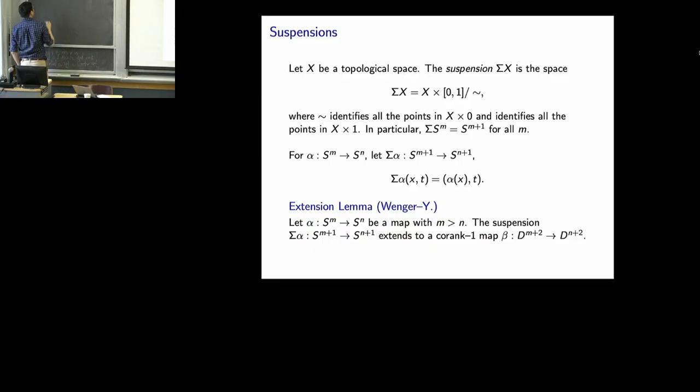There's a nice trick that lets us do this, which is, well, let's take our cube minus a bunch of little cubes. Let's take our square, which has been subdivided into a grid. This cube minus a bunch of little cubes is homeomorphic to a ball minus a bunch of little balls.